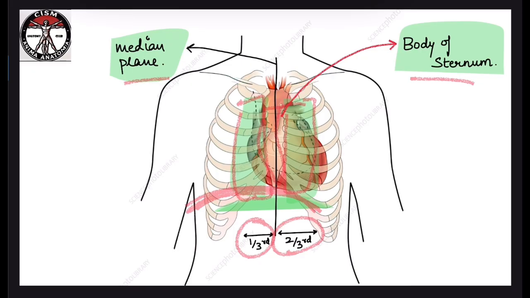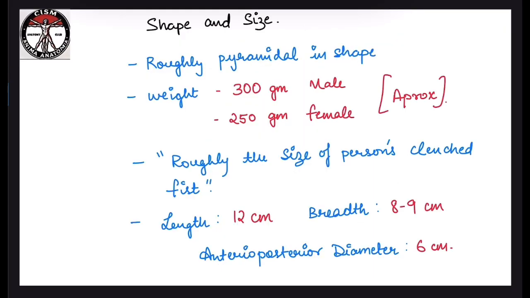Now, we will talk about the shape and size of the heart. It is roughly pyramidal in shape, and its weight varies in male and female. In males it is around 300 grams and in females it is around 250 grams. About the size, it is roughly the size of a person's clenched fist.